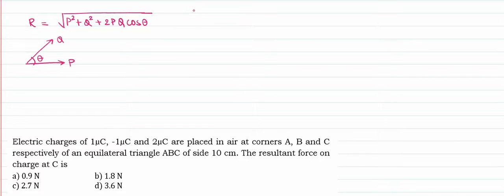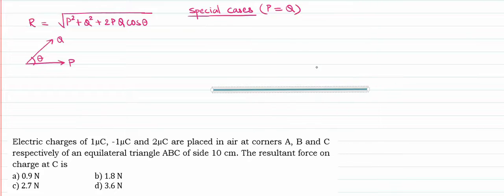Now some special cases are there. Special cases means for particular angles, what values you will have. This is when P is equal to Q, both vectors are equal. Just to remember, I will draw a diagram, on which you can easily remember.